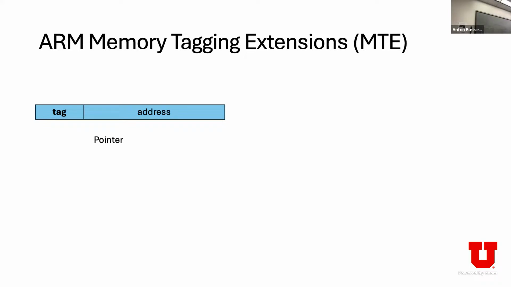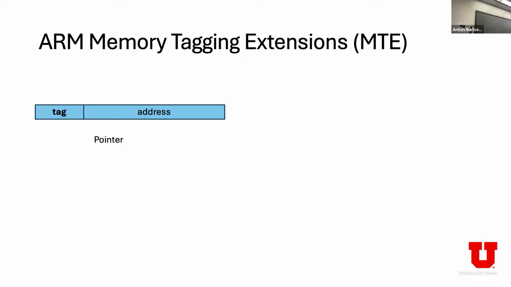But ARM came up with a different scheme, which is also mind-blowing in some ways, because they say the following. If you want to do a memory load or store or some memory-related instruction, you obviously pass a pointer, right?